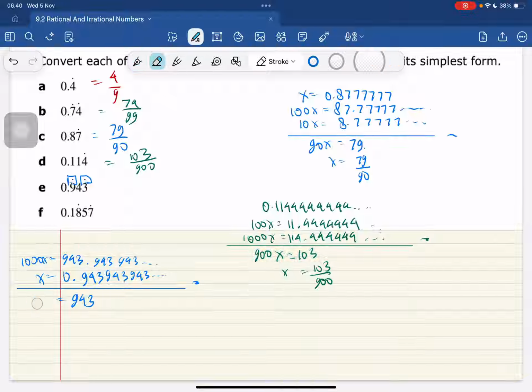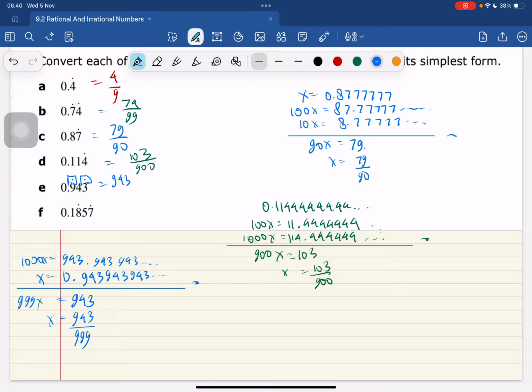We divide by 1000, so it's going to be 999x. So x is going to be 943 over 999. So we can write it here, 943 over 999. You can give it a try on your calculator to recheck, to make sure your answer is correct, 943 divided by 999. Okay, this is the correct answer.